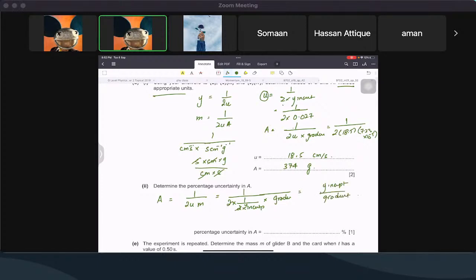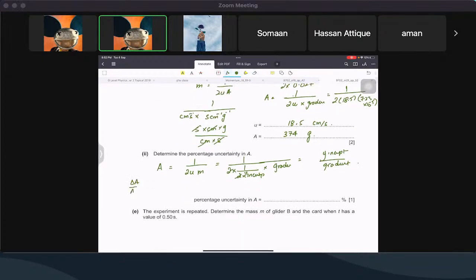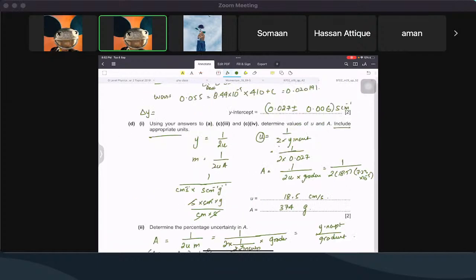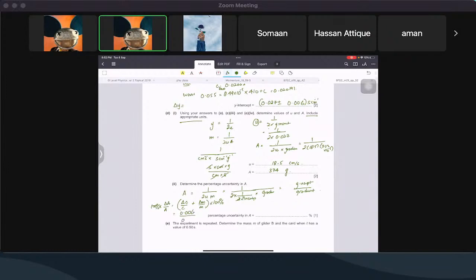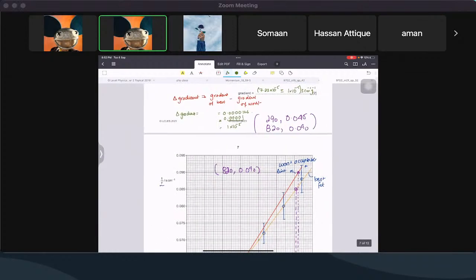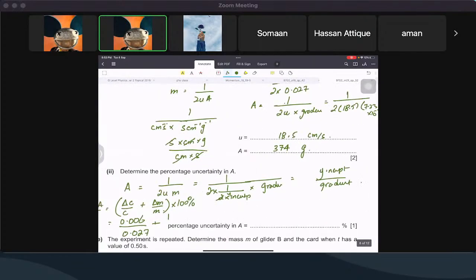Now, to find the uncertainty in A, delta A over A will be equal to delta y-intercept over intercept plus delta gradient over gradient. Then you multiply the whole thing by 100% to find the percentage uncertainty in A. The uncertainty in the y-intercept was 0.006 divided by 0.027, plus for the gradient 1 over 7.23, and then multiply by 100%.